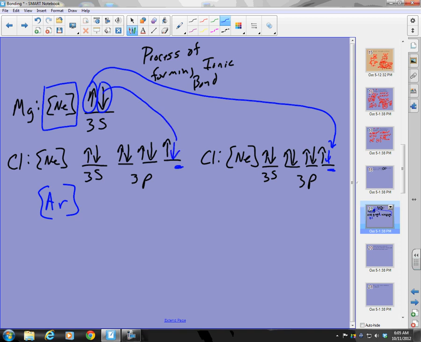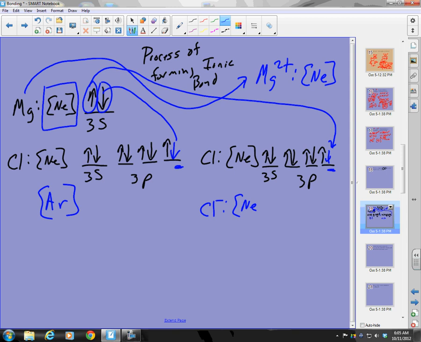And now, what do you notice? Here's my magnesium. It is now a 2 plus, and it has a neon core. My chlorines become chlorides. They have a negative. Well, it's no longer neon, right?